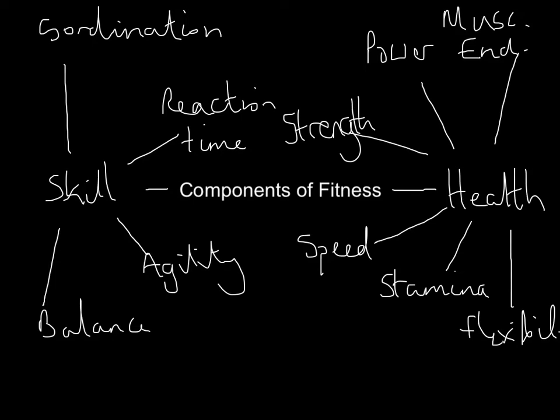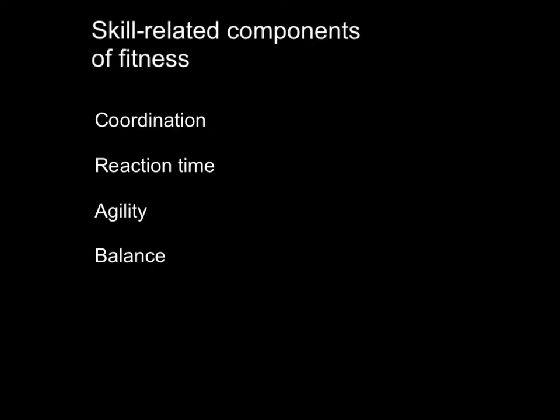What we're going to do now is look at definitions of each of these and how we can better remember them. So there we have the 4 skill-related components of fitness. Now, quite a simple little trick that works to remember which are the skill-related components of fitness. I tell a lot of my students, remember or picture a skillful crab.